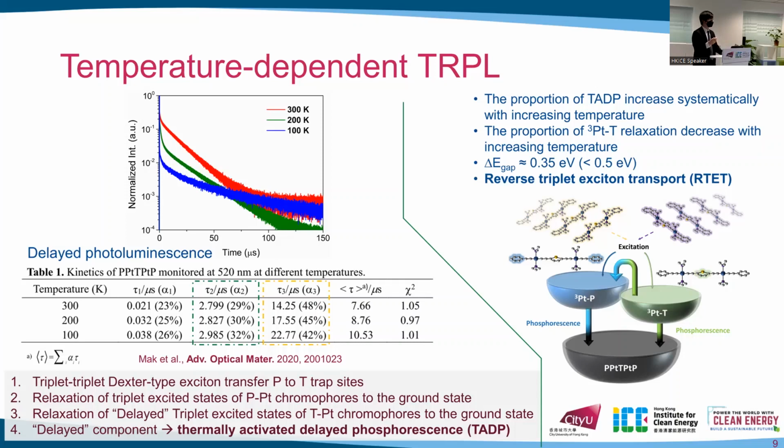At this point, we can see a reverse triplet exciton transfer from the lower triplet energy state to the higher triplet energy state. Also, the energy gap between these two triplet states is less than 0.5 electron volt. So it is possible that at high temperature, the triplet exciton can back-transfer to the higher triplet excited state of TDP.